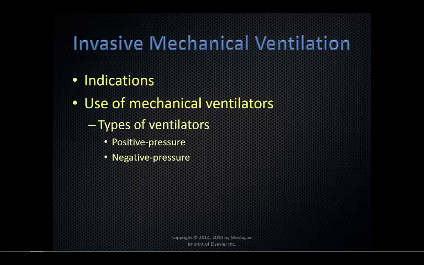The physiologic objectives of this are to support cardiopulmonary gas exchange and reduce the work of breathing. The objectives are to reverse hypoxemia, and sometimes you may see acute respiratory acidosis, and those are the things that we're trying to reverse.